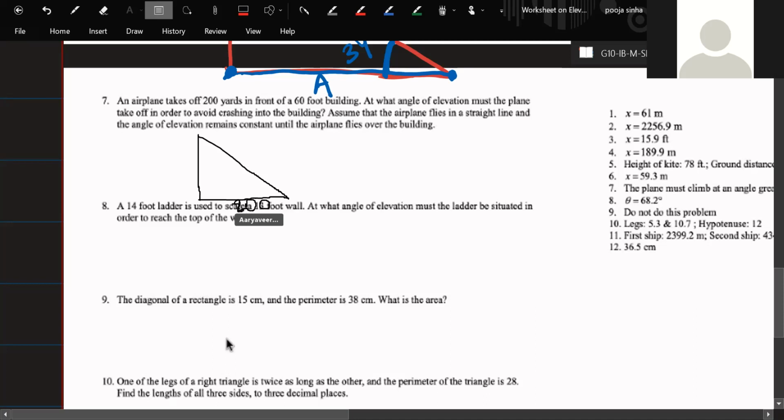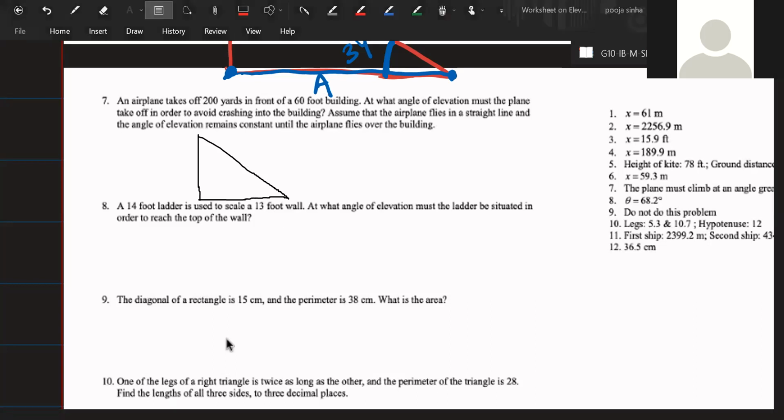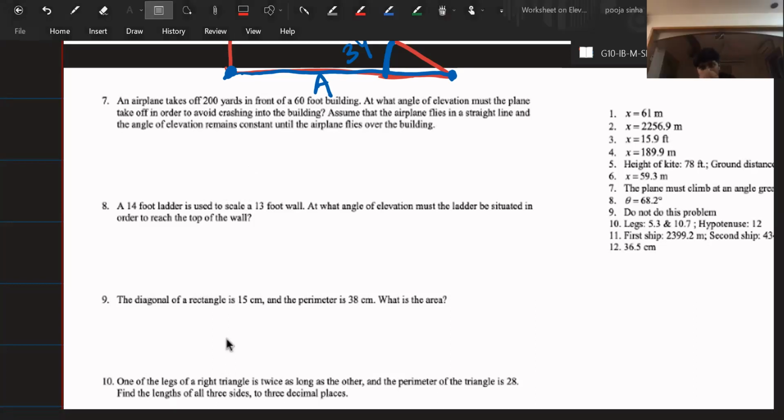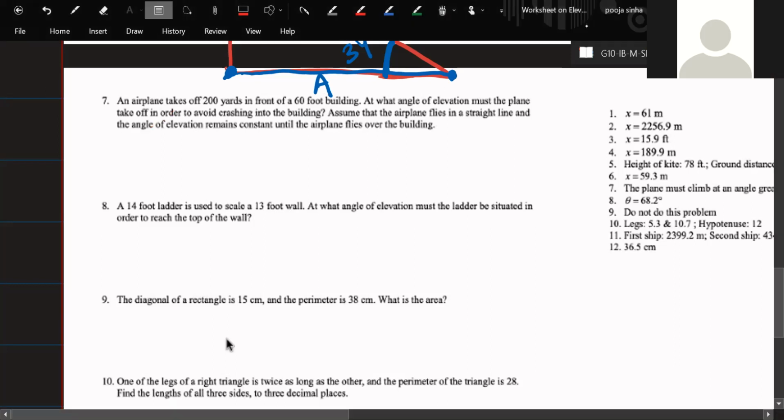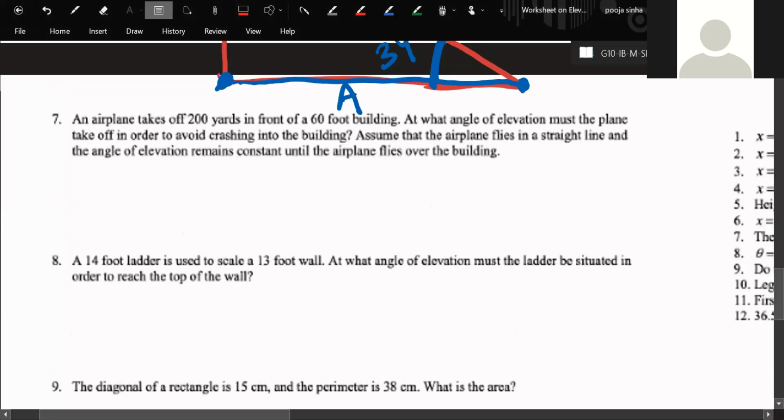No. First thing, this question is very different from whatever we've done till now. Okay, Arya, I'll just remove this for now. This is not the diagram that we are going to make here, because now the question is: an airplane takes off 200 yards in front of a 60-foot building.